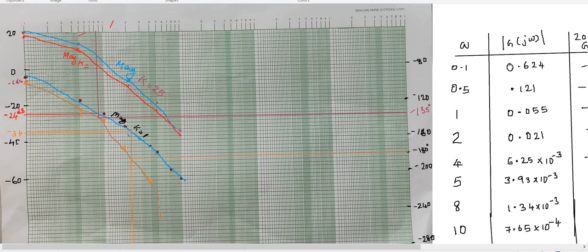When omega gc is 0.85, we can see that the magnitude is 0 dB.